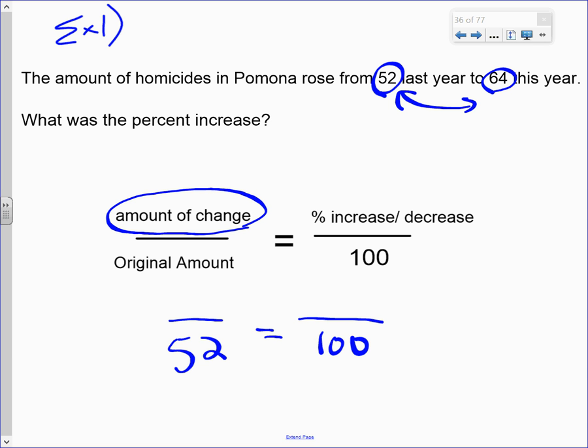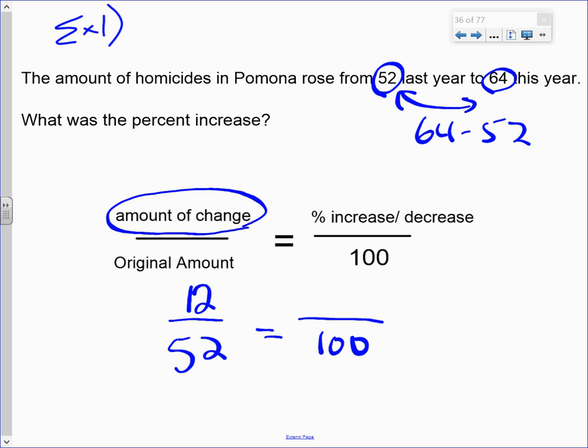You multiply them, you add them, what do you do? Subtract them. When you want to find the change, you subtract the numbers. So the change in homicides is 64 minus 52, which is 12. The amount of change goes over the original amount. It changed by 12 homicides from last year to this year.